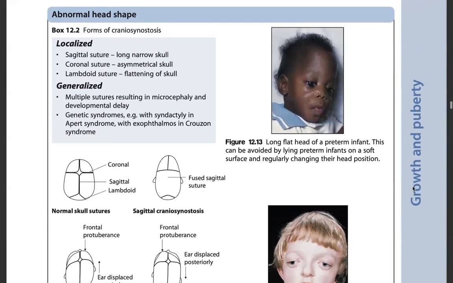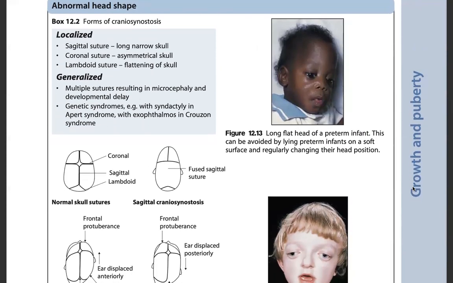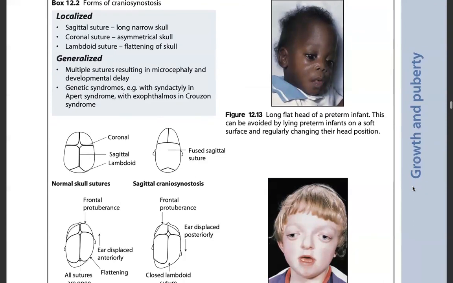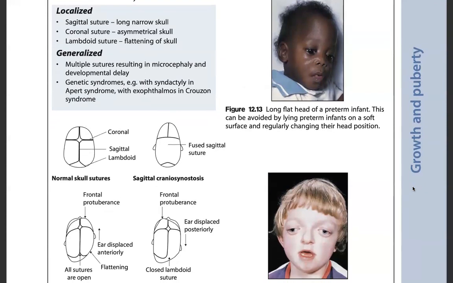Now this shows the abnormal head shapes in forms of craniosynostosis: localized sagittal suture, long narrow skull; coronal suture, asymmetrical skull; lambdoid suture, flattening of the skull. Generalized, multiple sutures result in microcephaly and developmental delay. Genetic syndromes with syndactyly in Apert syndrome, with exophthalmos in Crouzon syndrome.